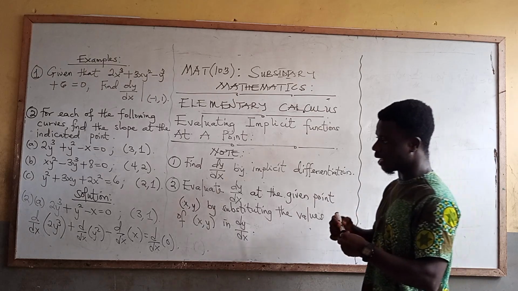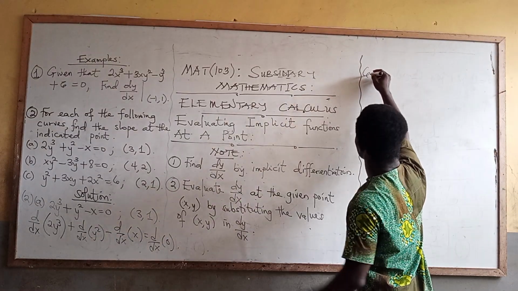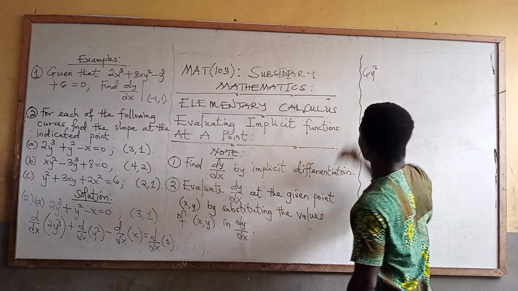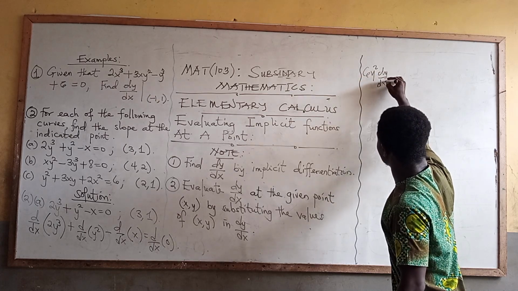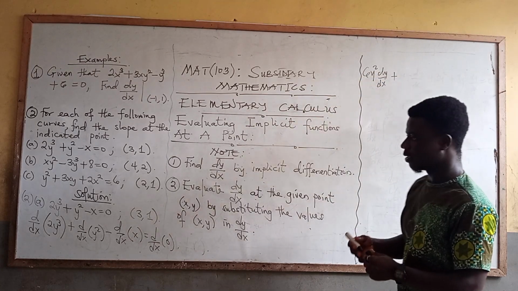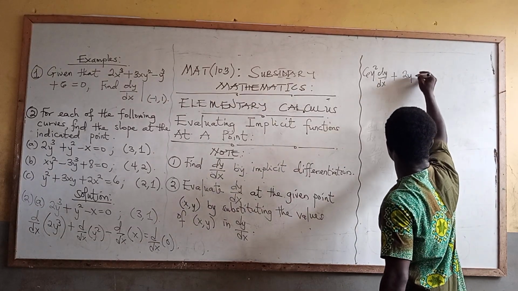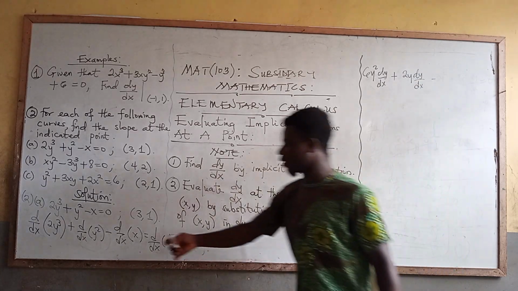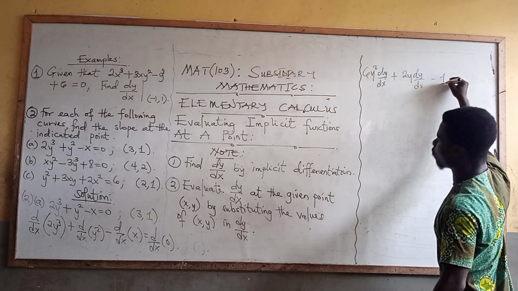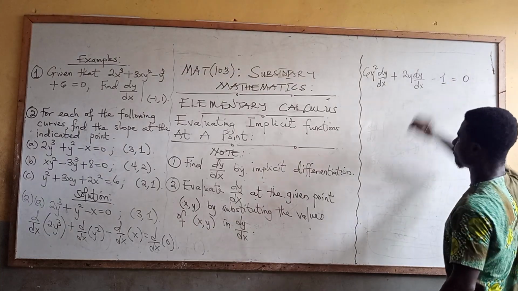So 3 times the coefficient 2 gives 6, so I get 6y squared, subtracting 1 from the power, then plus, don't forget, dy/dx, then plus d/dx of y squared, which gives 2y dy/dx, then minus d/dx of x, which is 1, equals d/dx of 0, which is 0, a constant.